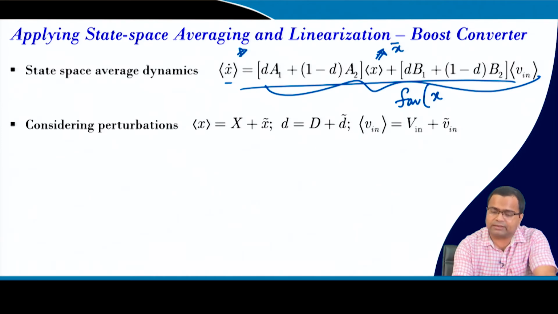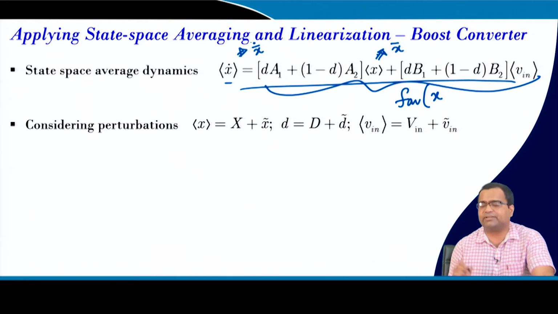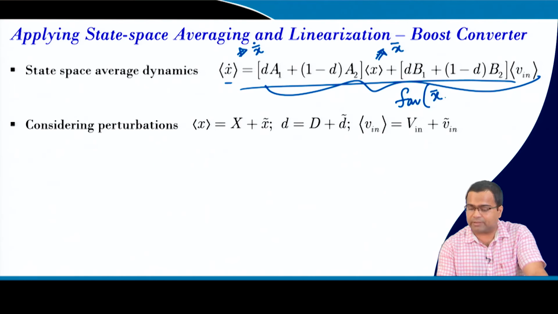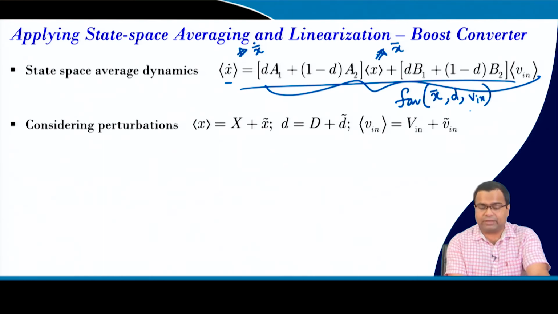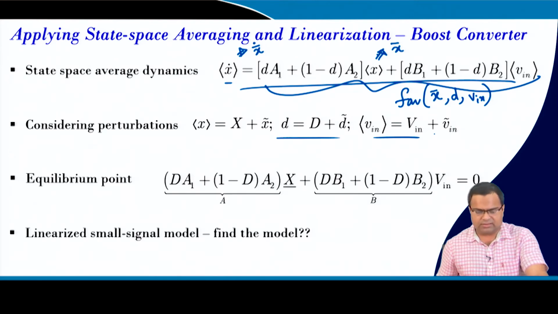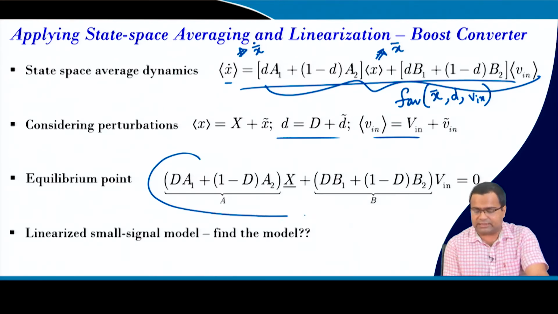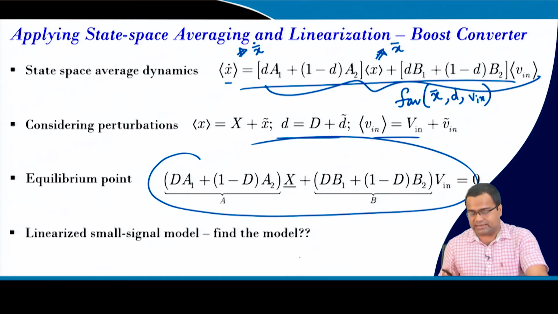Here also you can write X average. So, this is a function of the average quantities D and V in. We can now consider the perturbation, and we can separate out the steady state quantity, and we can get the linearized model.